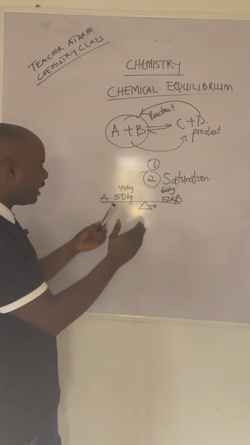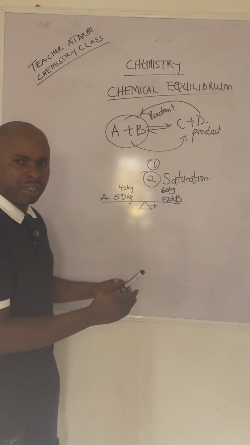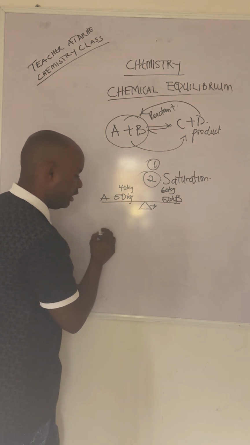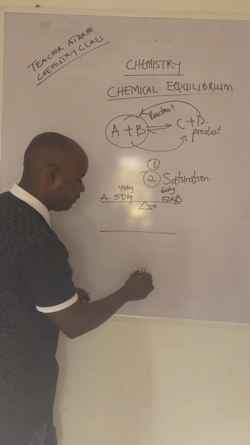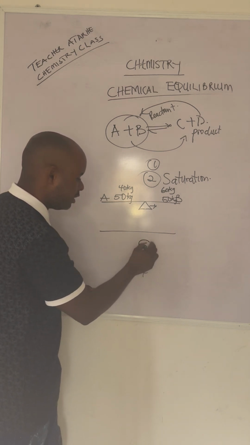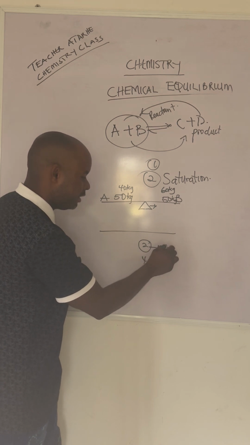In this aspect, as a lover of soccer, let's use football formation. For instance, your team is using 4-4-2, and one of the strikers here is red carded.